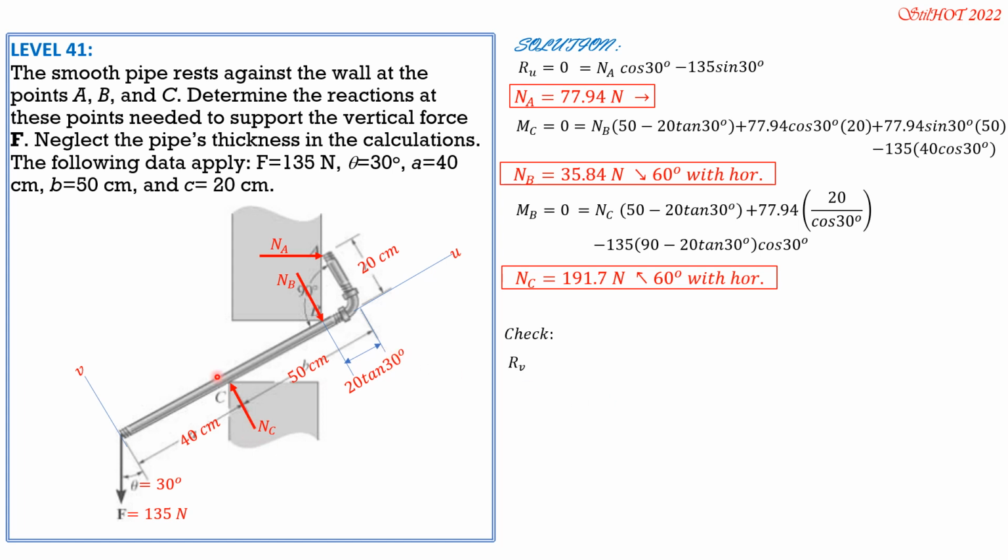So N sub C, 191.7 in the positive V direction, minus NB, minus 35.84, minus component of NA in this direction, NA sine 30, minus 77.94 sine 30, and minus component of 135, which is 135 cosine 30, and it is equal to almost 0, so that means all these answers are correct.